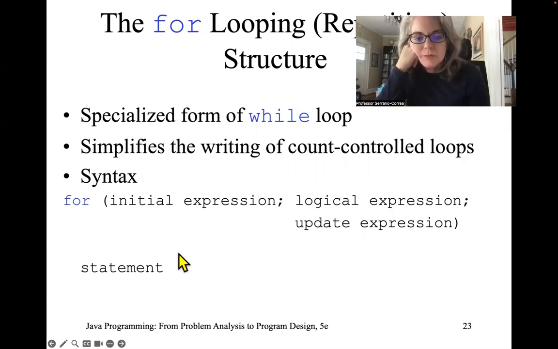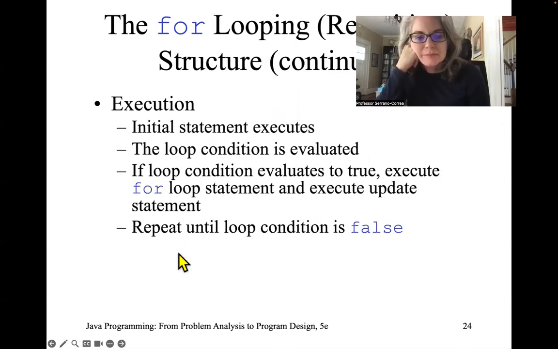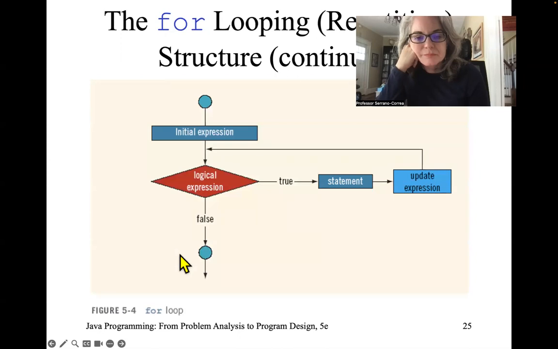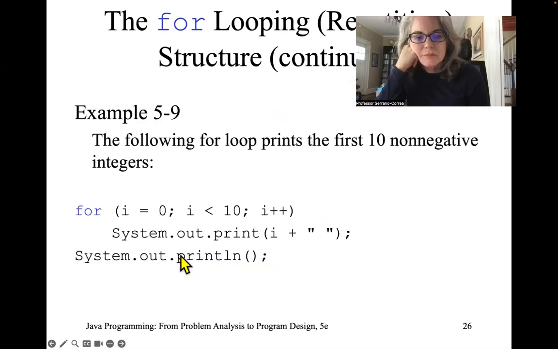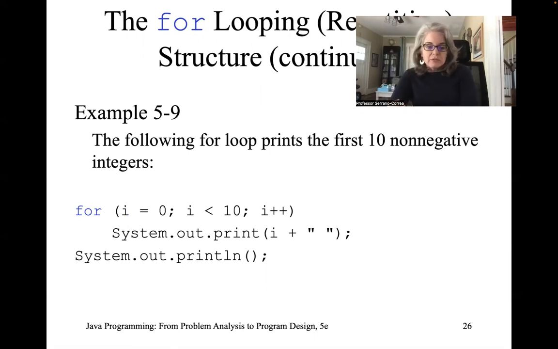And so a for loop is going to look like this. It allows you to not only initialize, but also declare a variable. So I can declare this variable right here. I can say int i equals 0.